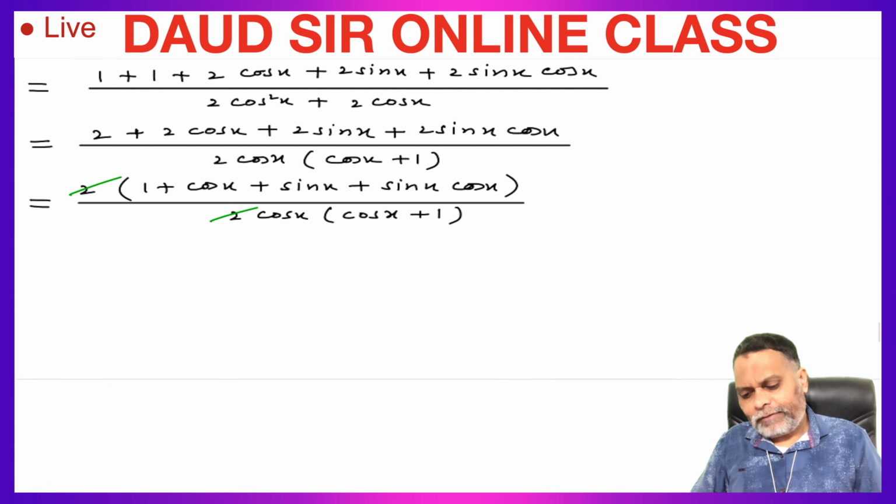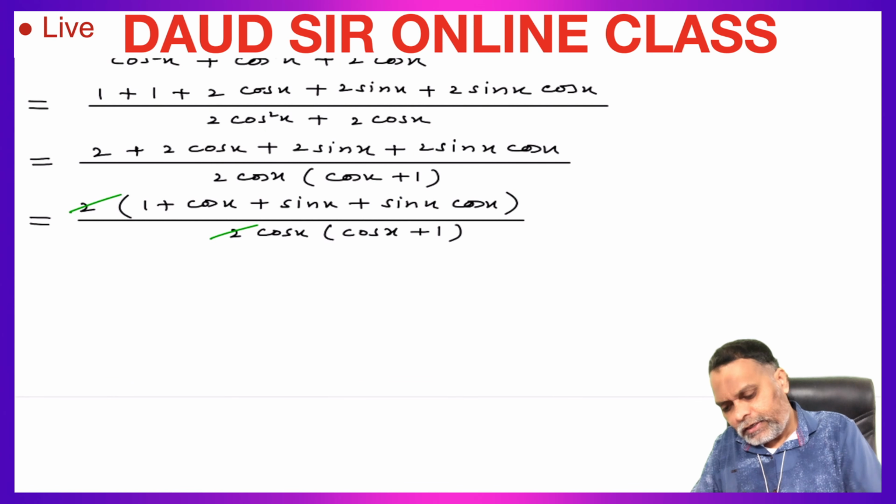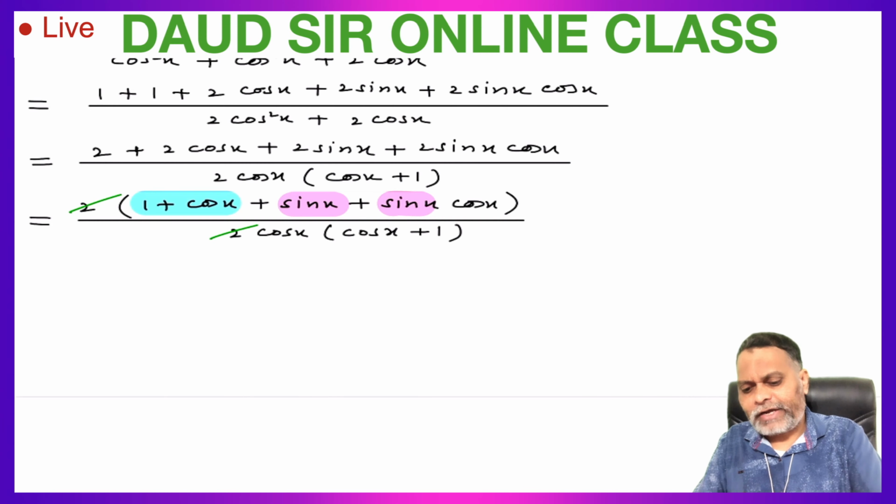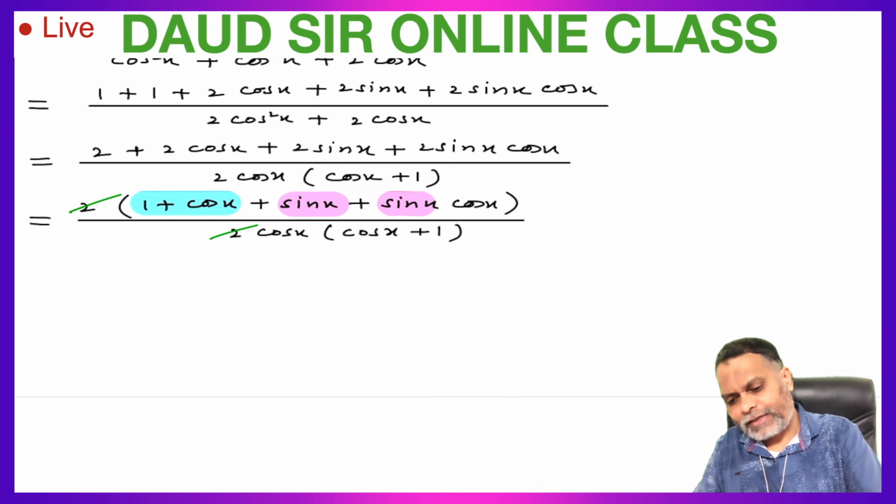So in the numerator, this is 1 plus cos x. From these two terms, take out sin x common. So it will become 1 plus cos x. So that we can take out the bracket 1 plus cos x common.